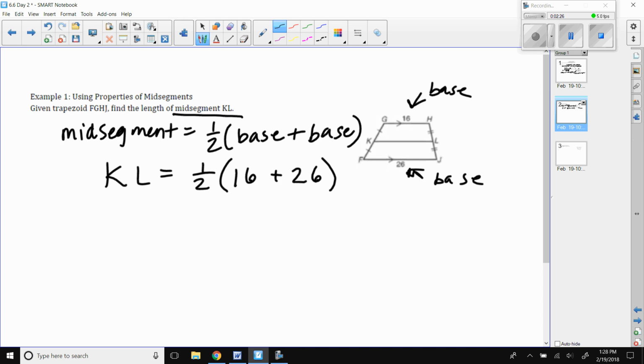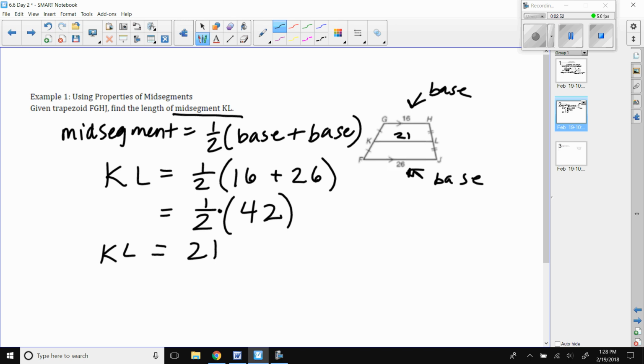You always want to do what's in the parentheses first. So 16 plus 26 gives me 42, and then I want to multiply by 1/2. So 1/2 times 42 is going to give me KL as 21. So this in here is going to be 21. Right, so that's just finding the midsegment.